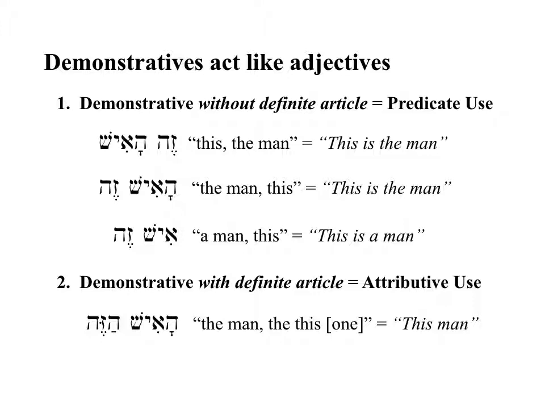If it has the definite article, then it's being used attributively. So in this example, ha'ish haze, we see the demonstrative pronoun following the noun in the same way that an attributive adjective would, and because it's occupying the same syntactical slot in the sentence, because it is identifying the individual in the same way that an attributive adjective would, it has to match in gender, in number, and in definiteness.